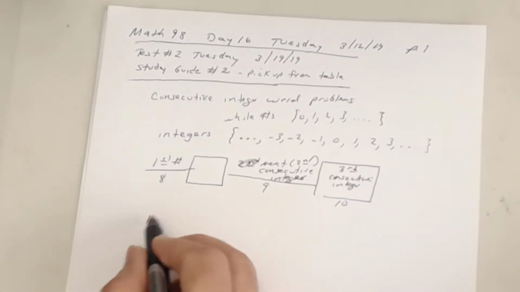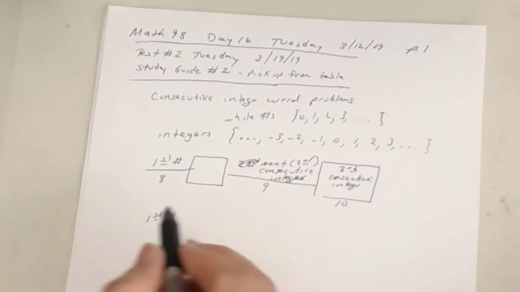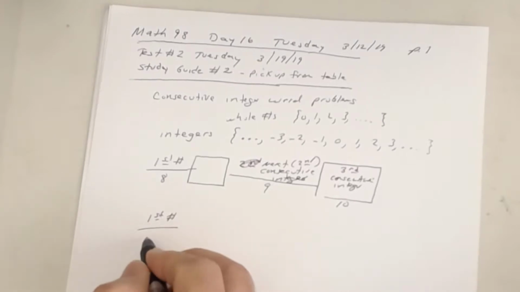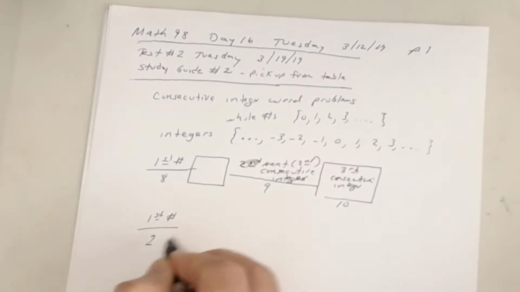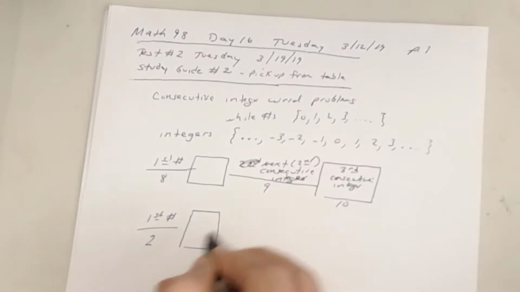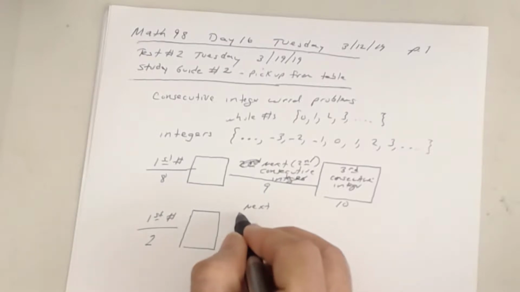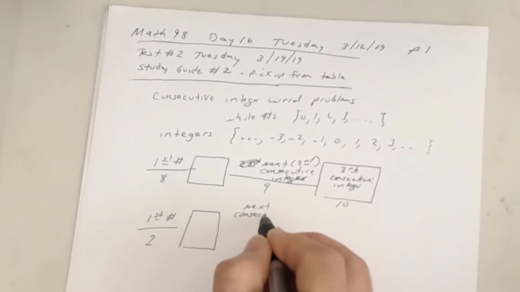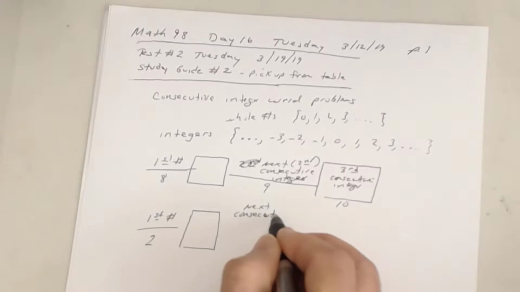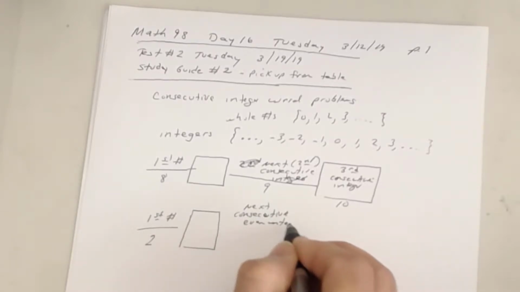All right, let me ask you this. If my first number is, and when I say number, I mean the integer, if my first integer is, let's say, 2, then what is the next consecutive even integer? 4.